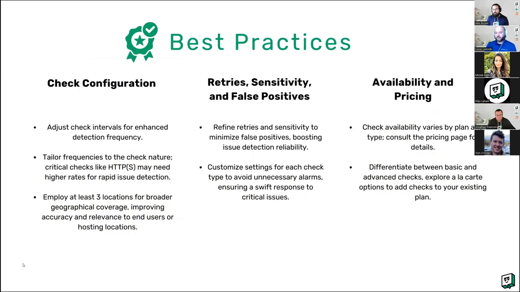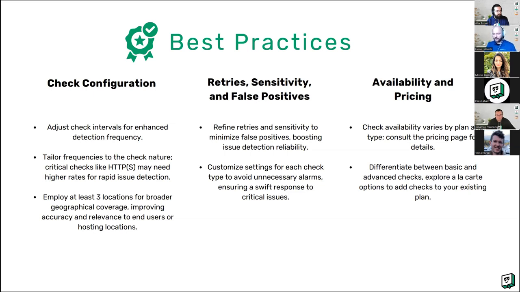So let's talk about some best practices in your check configuration. So you adjust check intervals for enhanced detection frequency. The check interval is the number of times that a website or resource is pinged by each of the probe servers assigned to a check. So let's say, for example, you have a basic HTTPS check. It's configured to have an interval of 5 minutes, and it's being monitored from 3 locations.